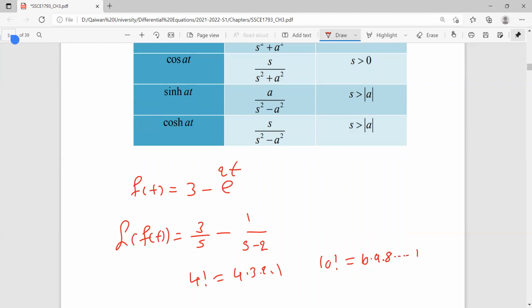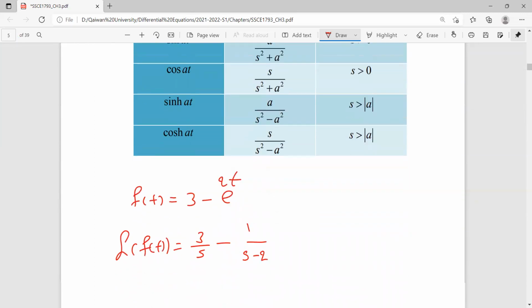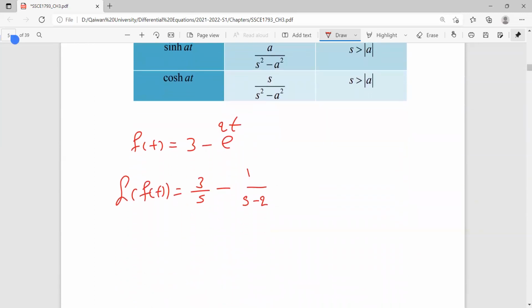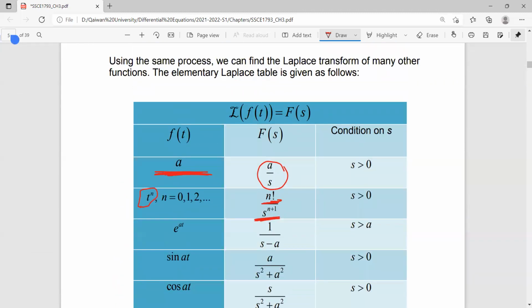Okay, let's solve a type example. So let's take an example about the above one. If you have, let's say, the Laplace transform of t cubed, it equals what? It equals 3 factorial divided by s to the power, as you see here, n plus 1.